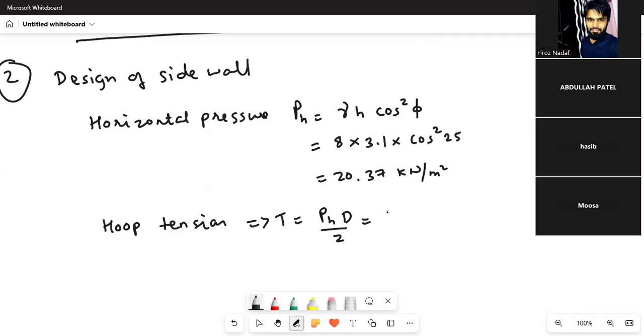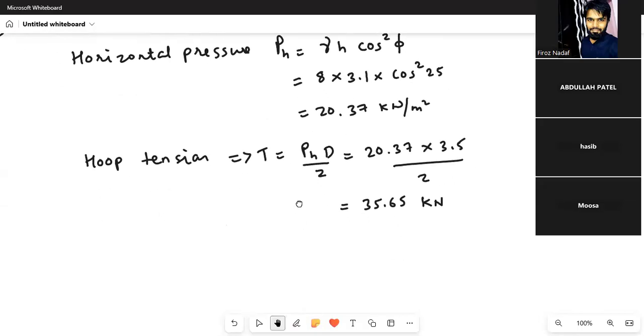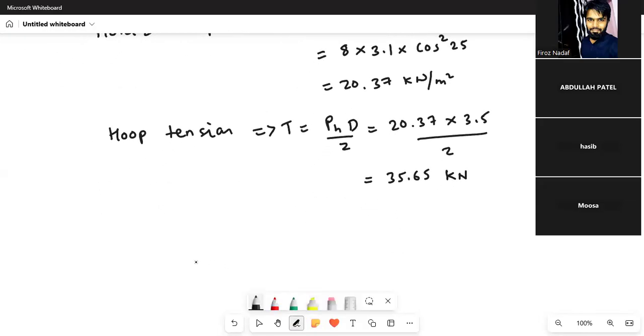Here pH is 20 into 3 4.37 into capital D 3.5 divided by 2. The hook tension that you're getting is 35.65 kilonewton. So this is your hook tension and it needs to be factored.